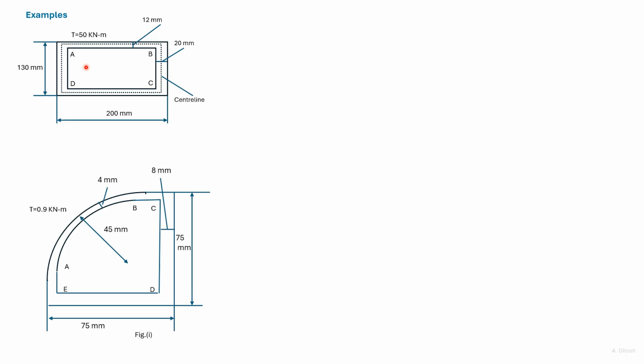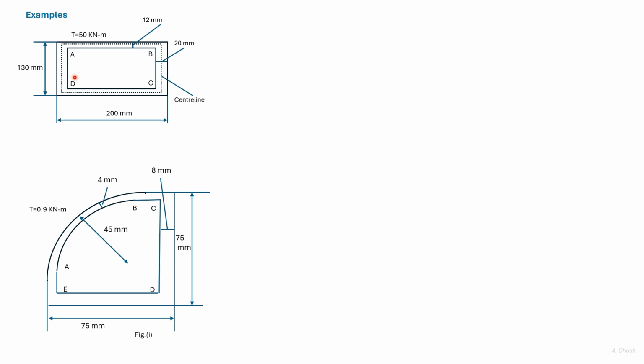In order to find out the stresses, we first of all draw the center line of the section. As one would recall, we are required to find out the area within the center line to give us the stress.